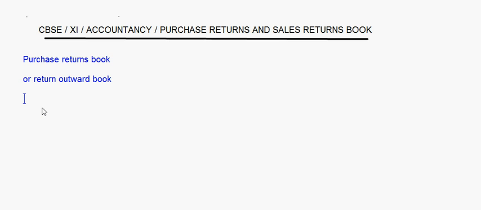And that will be recorded in the purchase returns book, right? The goods which had been purchased in cash will not come here. The goods which had been purchased on credit and are being returned, they are the purchase returns which will be recorded in this purchase returns book, right?